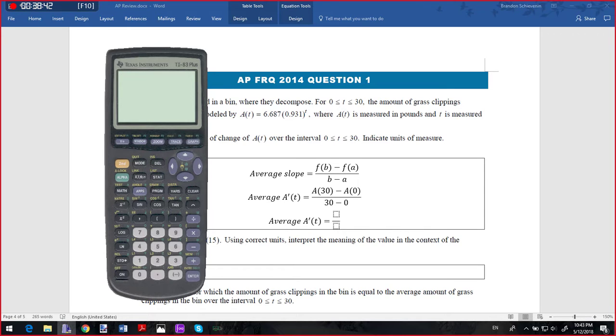So I'll do, nope, we're looking for the y value. I can just plug it in. So this is 6.687 times 0.931 raised to the 30 power. Gives me this, and I'm going to subtract 6.687 times 0.931 raised to the 0 power, which is 1. Okay, and I get this.